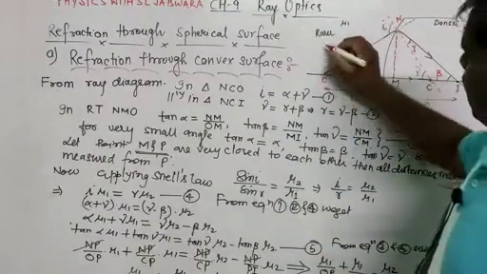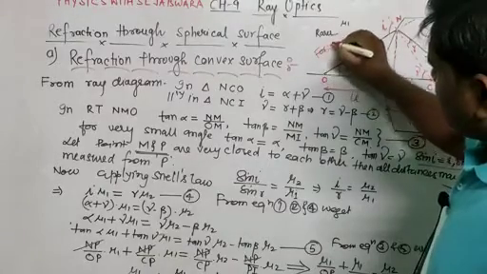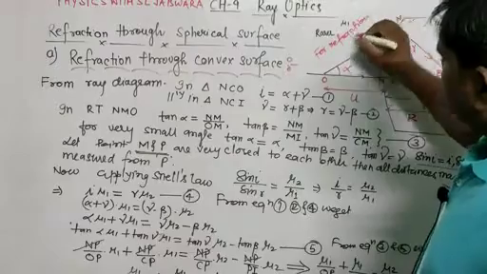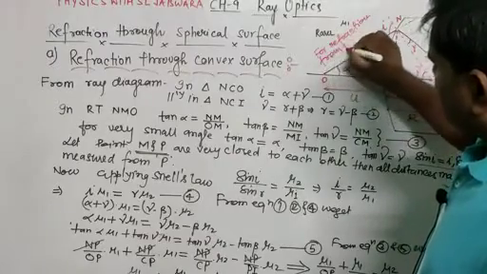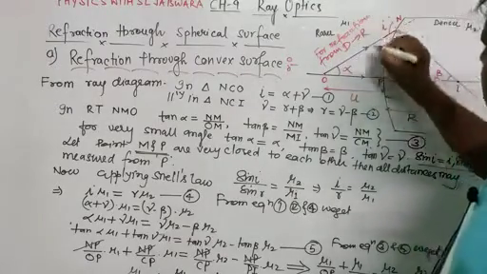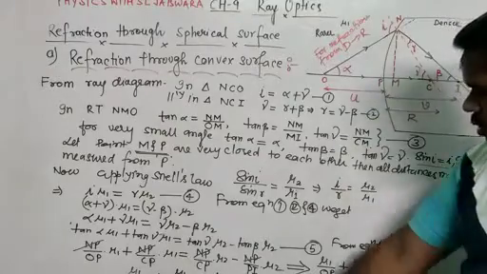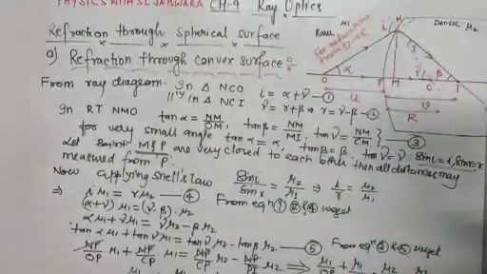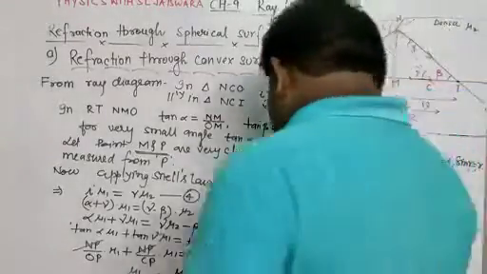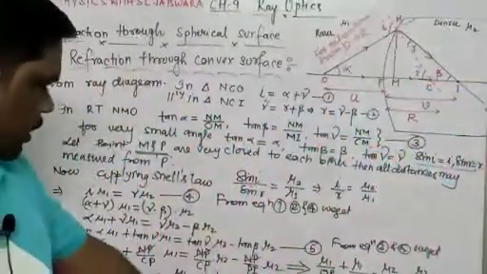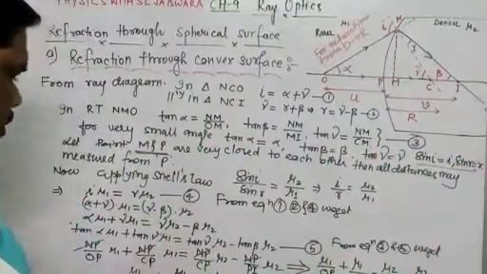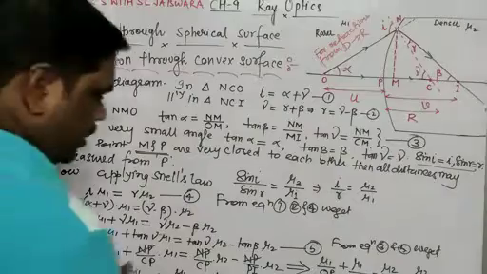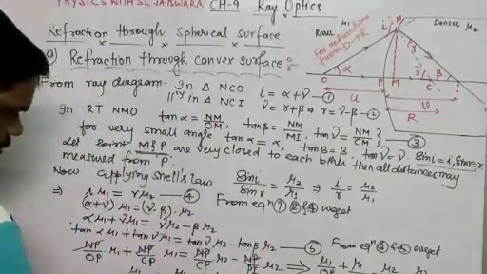Means for refraction from D to R, that is denser medium to rarer medium, the formula now becomes, mu 1 and mu 2 will interchange. So this is what we can write. Let us make this correction.